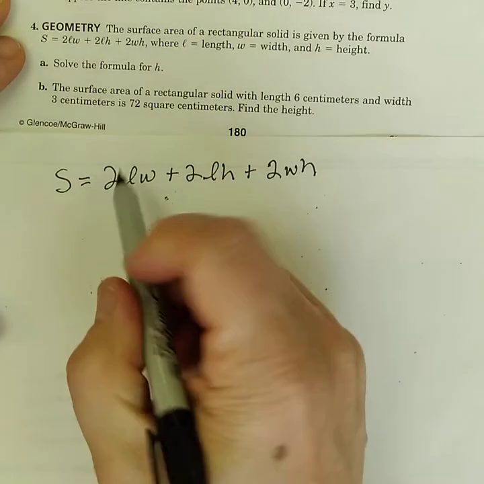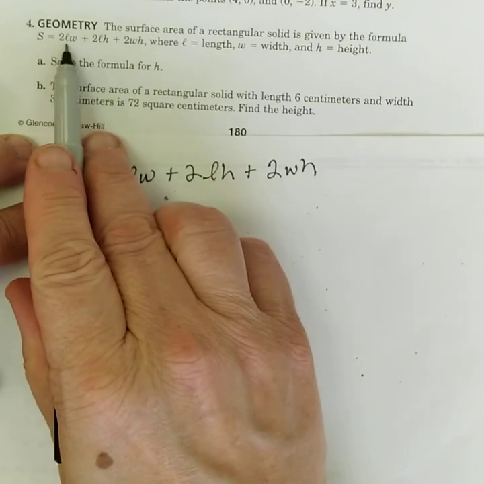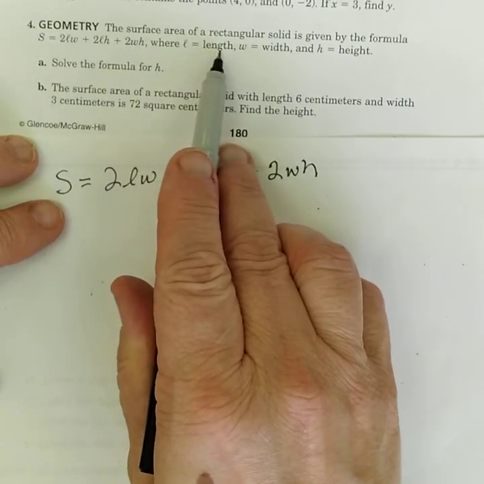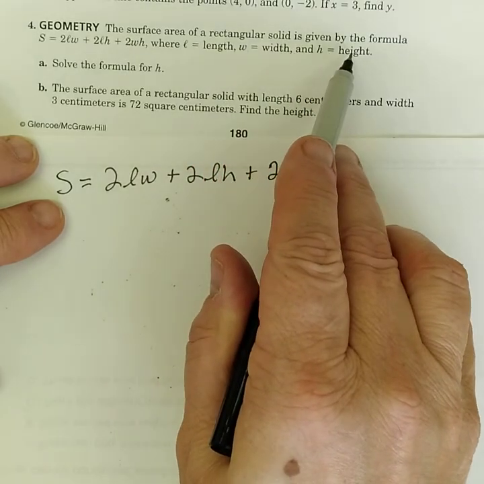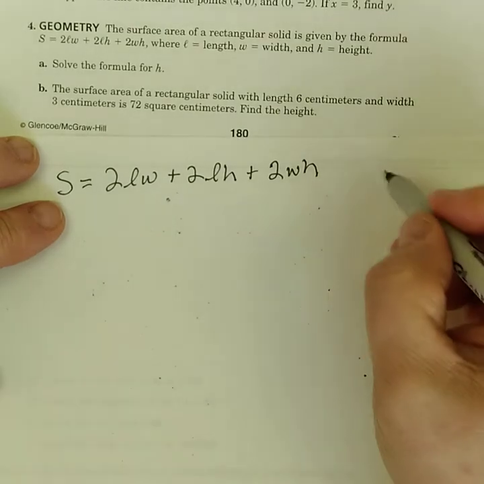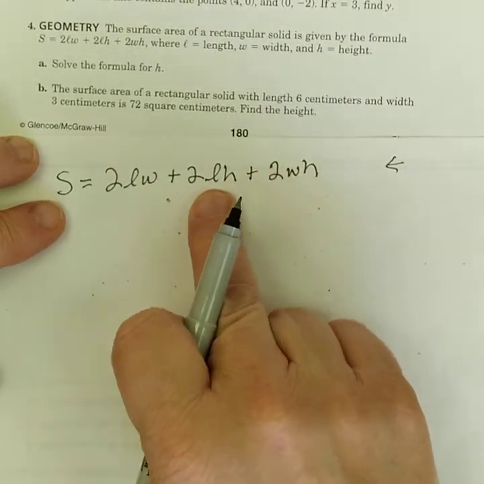Now we're going to go back to the problem and say surface area equals 2LW plus 2LH plus 2WH, where L equals length, W equals width, and H equals height. Solve the formula for H. Now I'd like to call your attention to the fact that H is in two different terms.